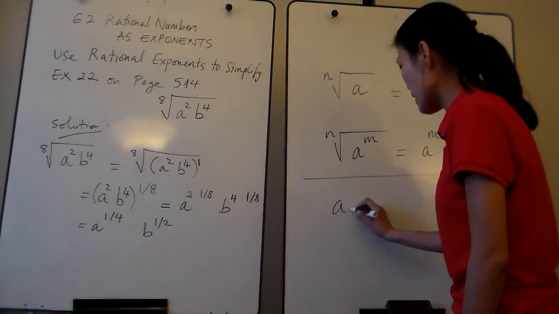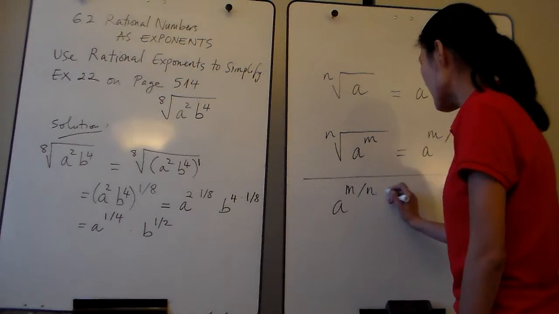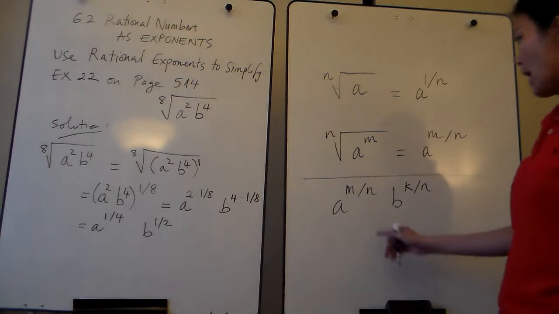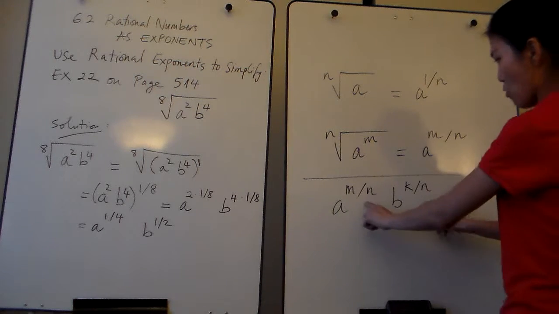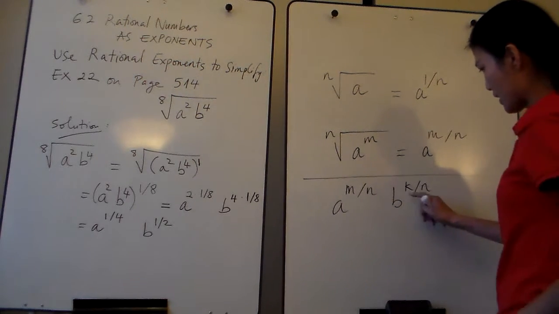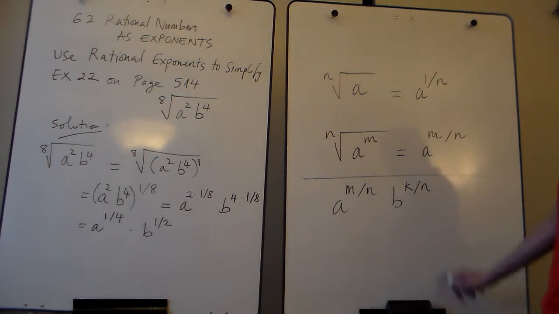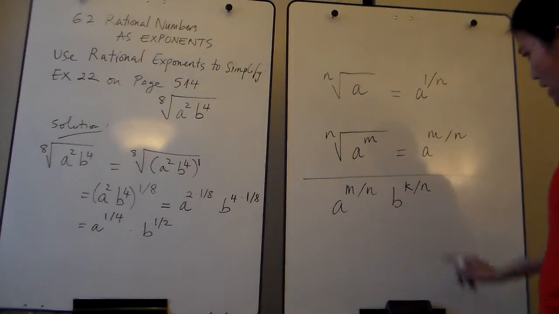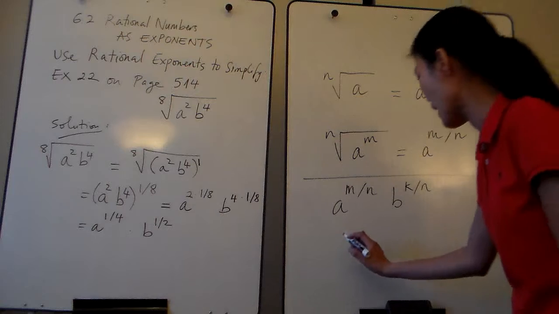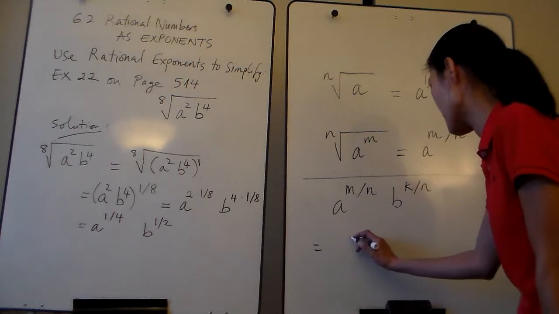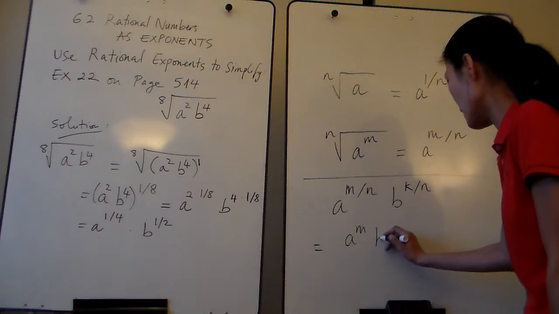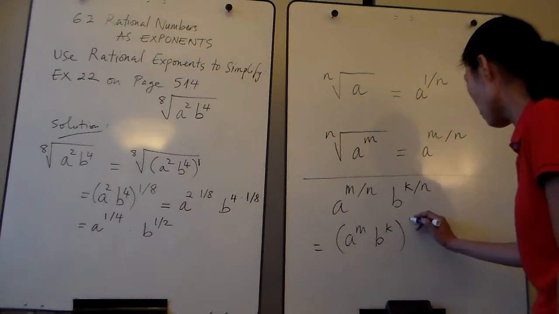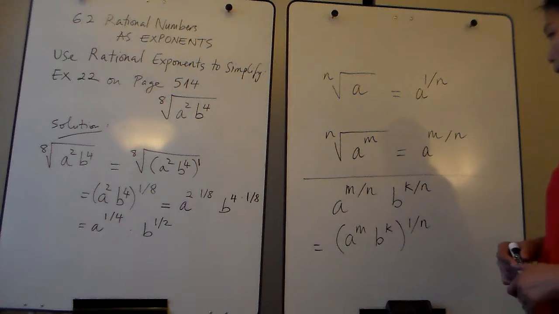I should say this: if you have a to the m divided by n and b to the k divided by n, if these two bases have the same denominator in their exponents, you can combine by writing this as a to the m, b to the k, everything here raised to 1 divided by n.